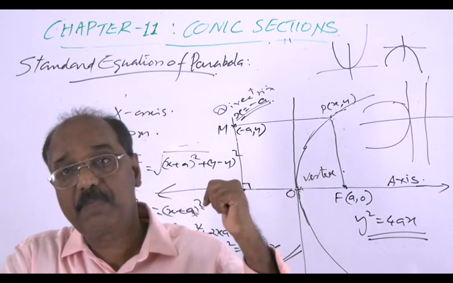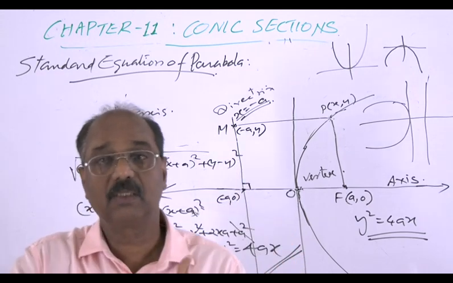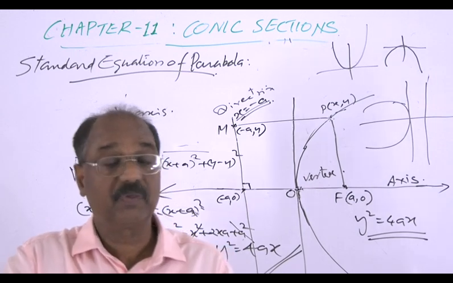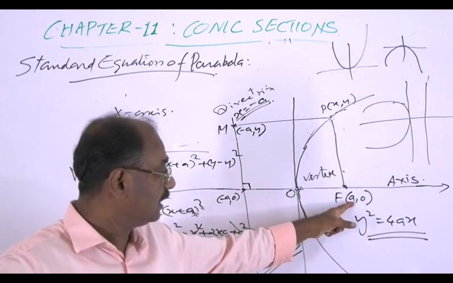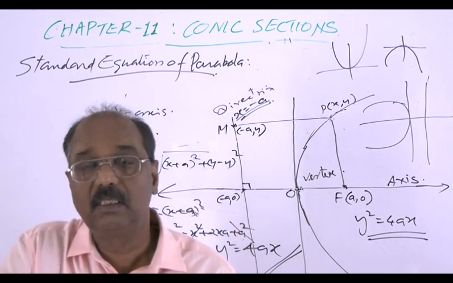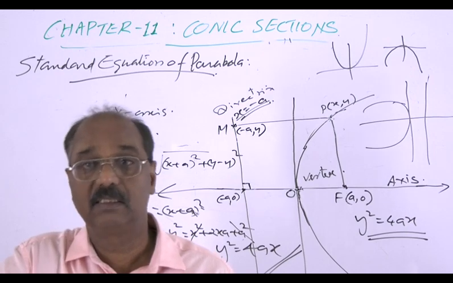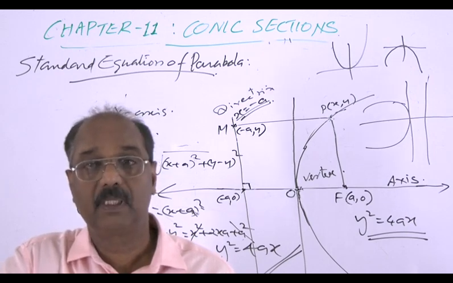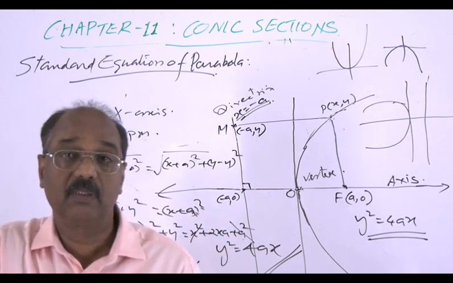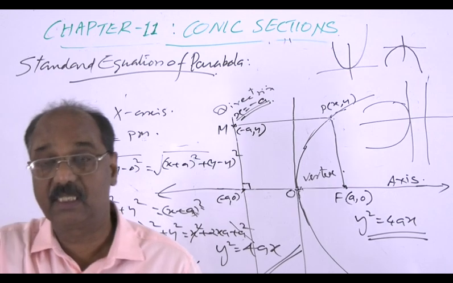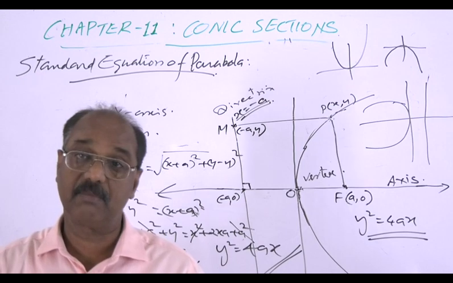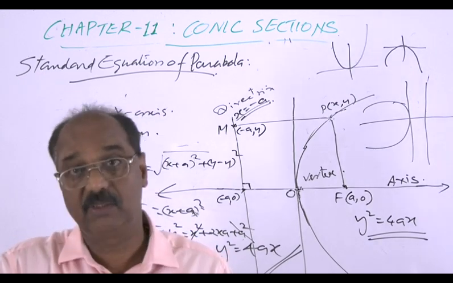The shape of the parabola is slightly different because of the choice of the sign of a. If we take this point here, the form of the parabola changes. So we actually have four different forms for the standard equation. The first one is y squared equals 4ax. The other three cases can be discussed in the next video.